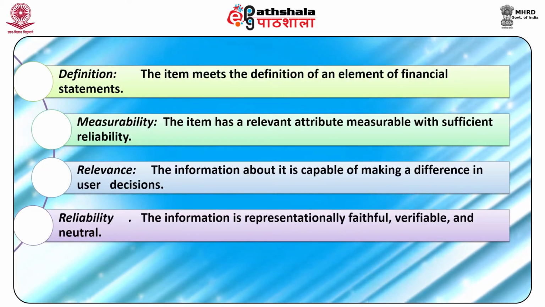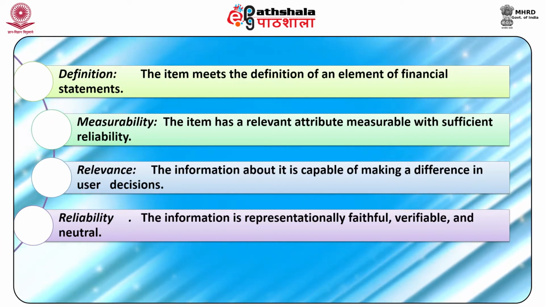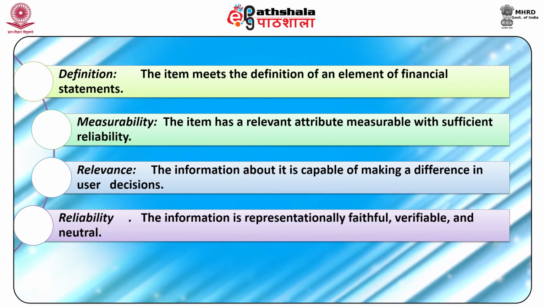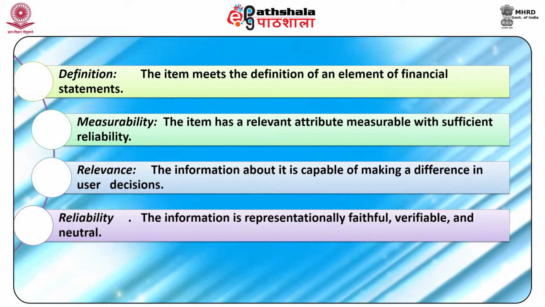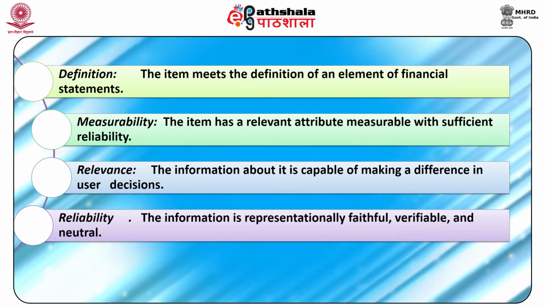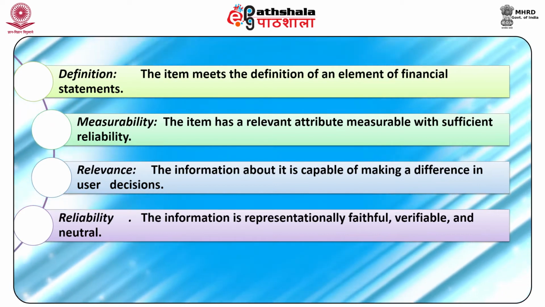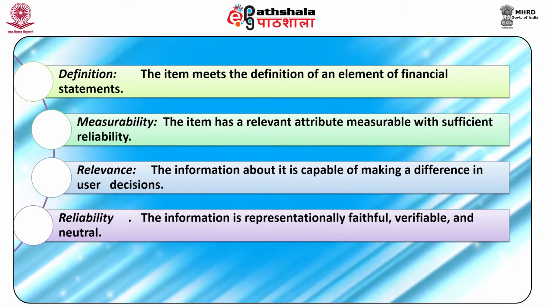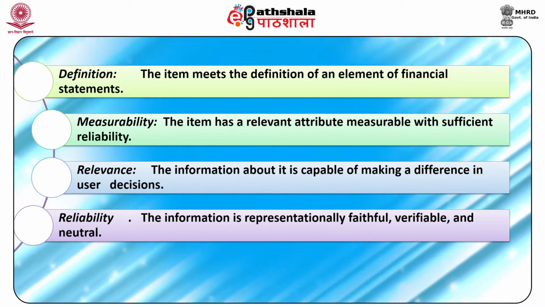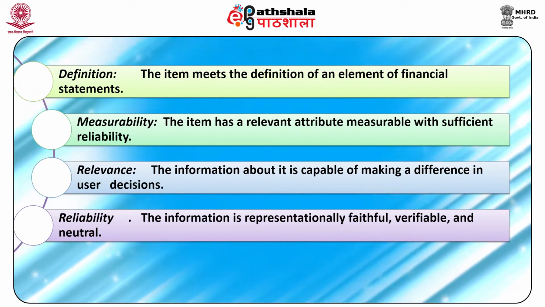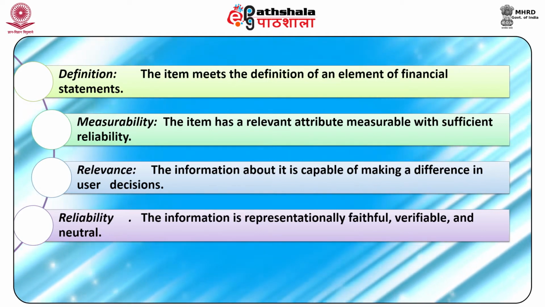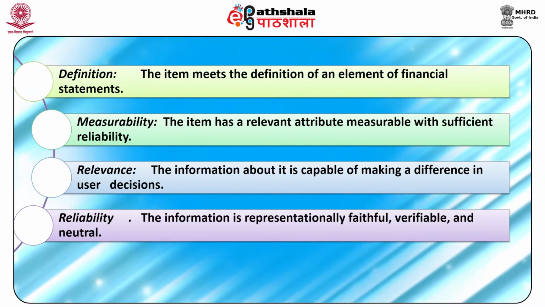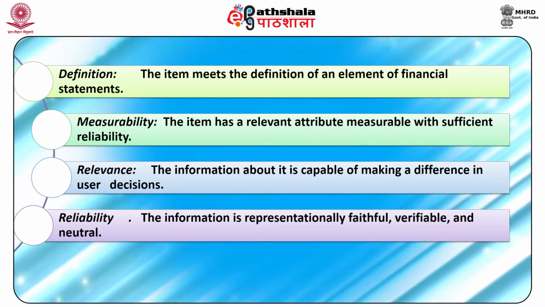Number 1, definition: the item meets the definition of an element of financial statement. 2, measurability: the item has a relevant attribute measurable with sufficient reliability. 3, relevance: the information about it is capable of making a difference in user decisions. 4, reliability: the information is representationally faithful, verifiable and neutral.